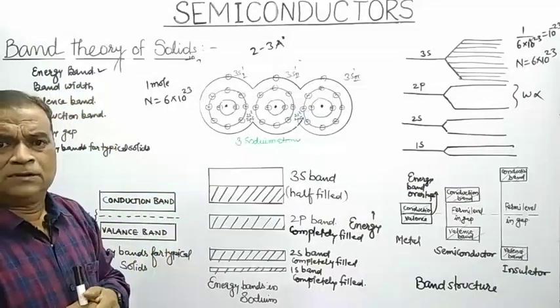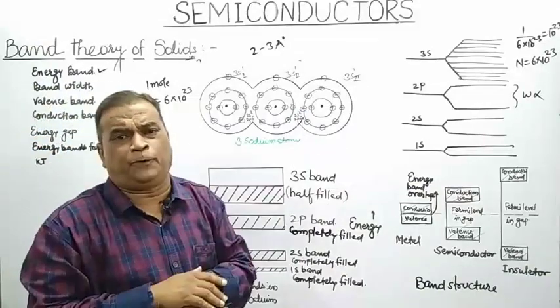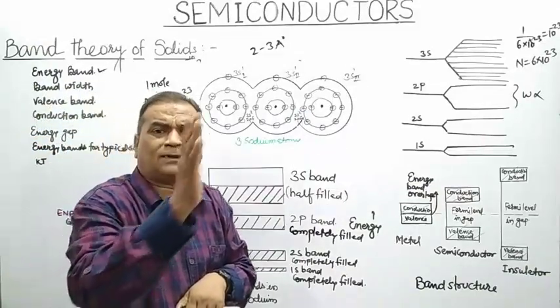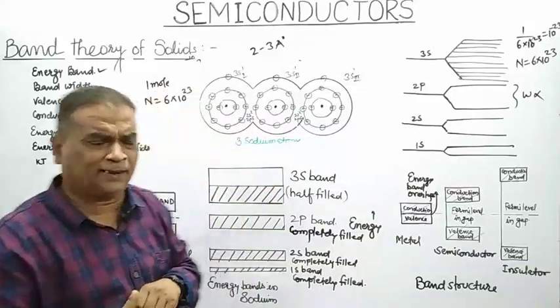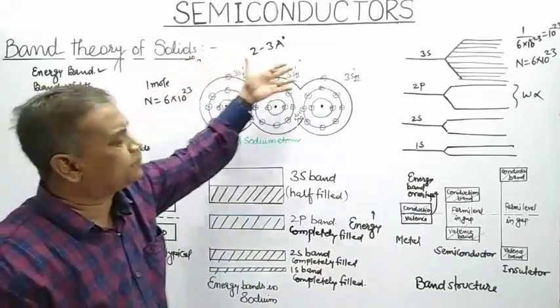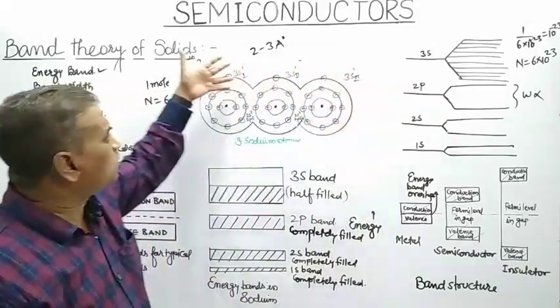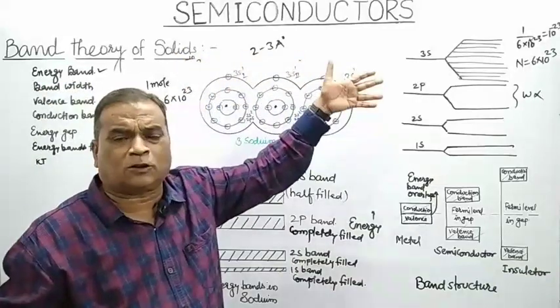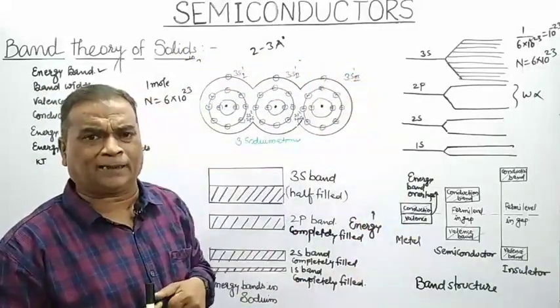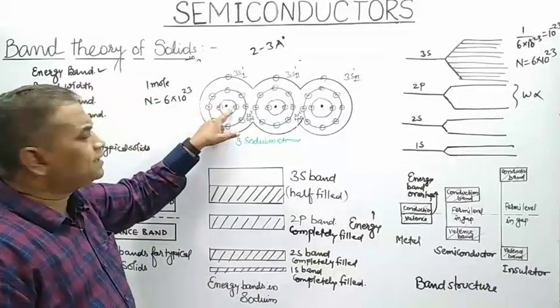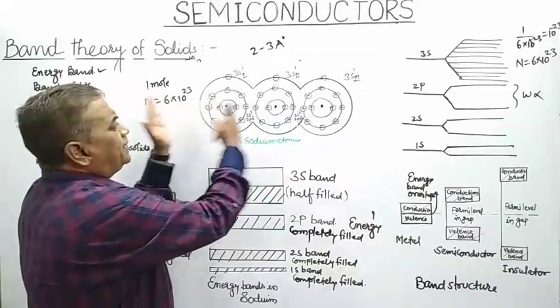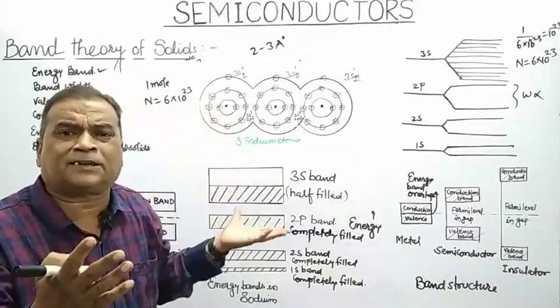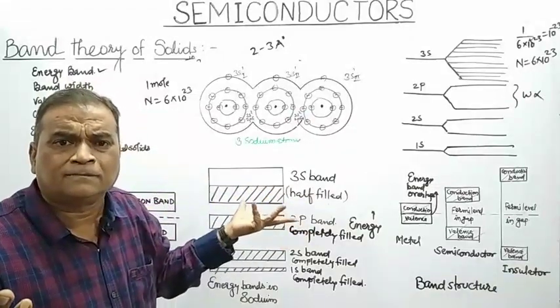Remember, from the physics point of view, we are interested only in what? The electrical properties of semiconductor. So that's why we are just observing how strongly the electrons in the outermost orbit will interact with the neighboring atom. But remember, electrons in the inner orbit also have interaction with the neighboring atom, but their interaction is what? Negligible.